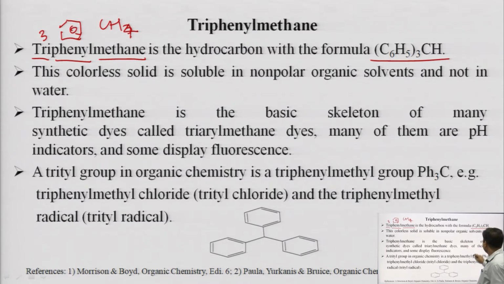As you can see in the formula, 3 phenyl groups and 1 CH are joined together to give the triphenylmethane structure.